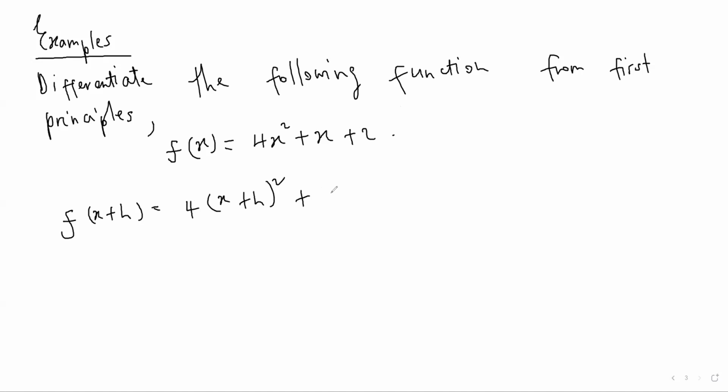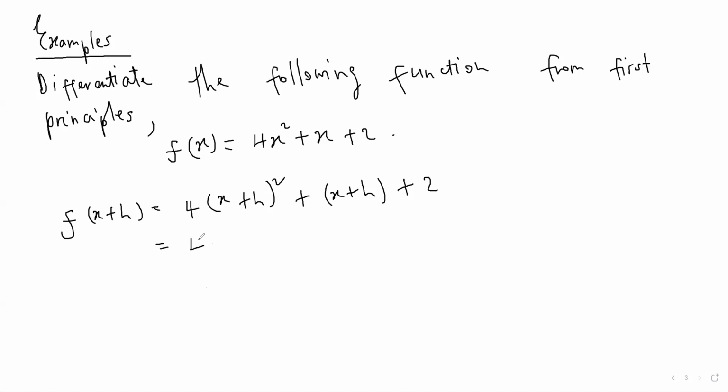In place of x, we put x plus h, plus 2, like that. So we've got 4 multiplied by x plus h to the power 2, plus x plus h, plus 2.